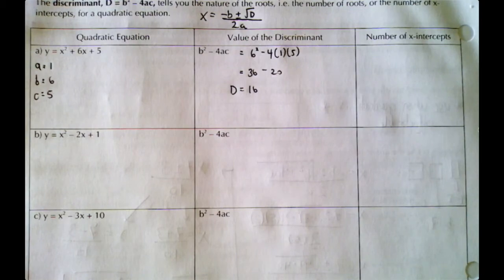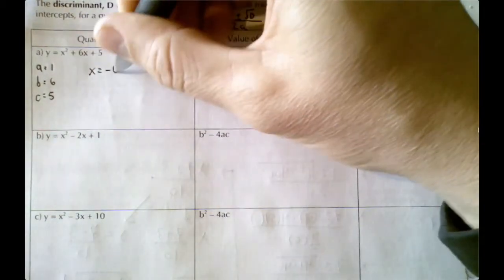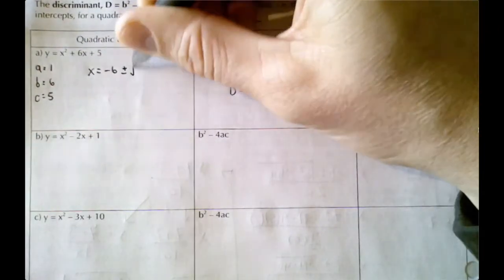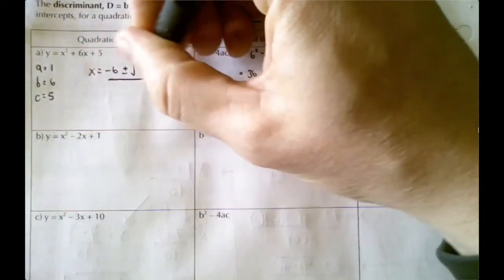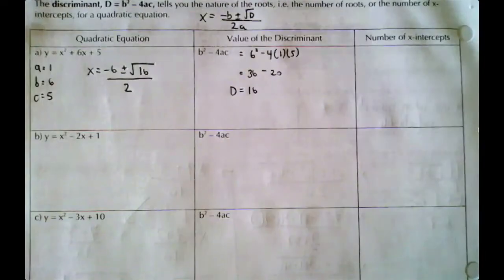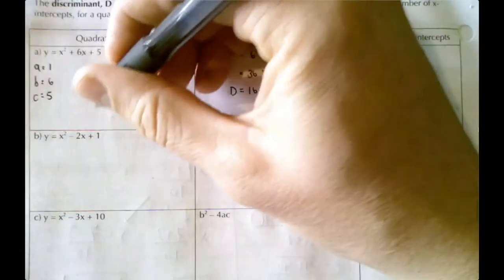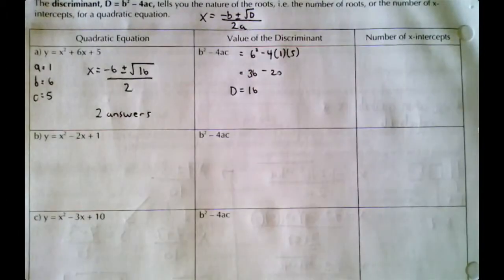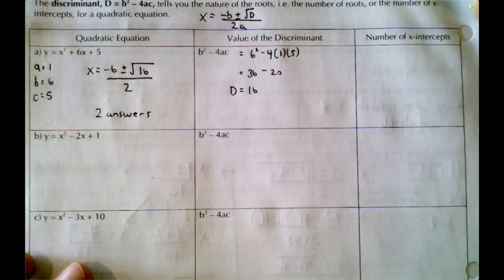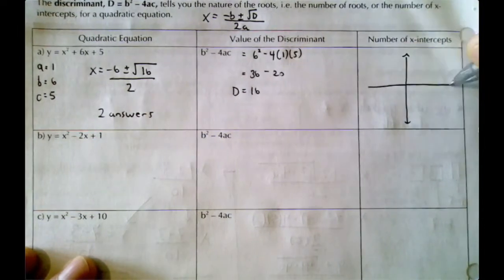And if we look at the quadratic formula, that would be x equals negative 6 plus or minus the square root of the discriminant, which is 16, over 2a, which is 2. If we solve this out, we're going to get two answers, which leads to the scenario of two x-intercepts.